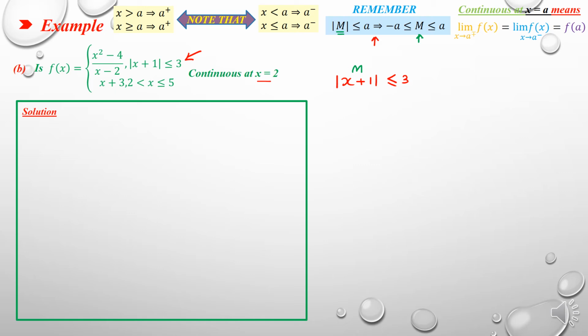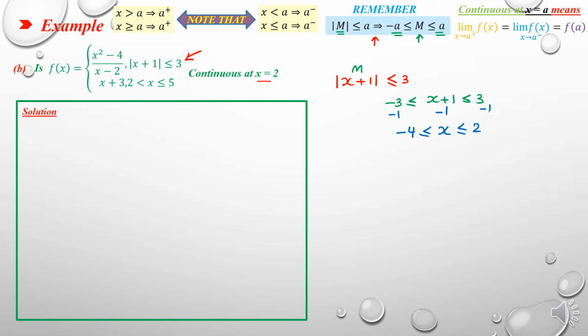So you have to write it as x plus 1 greater than or equals to negative 3, less than or equals to 3. Then you have to subtract 1 from all sides and you will get x greater than or equals to negative 3 minus 1, negative 4, less than or equals to 3 minus 1, which is 2.